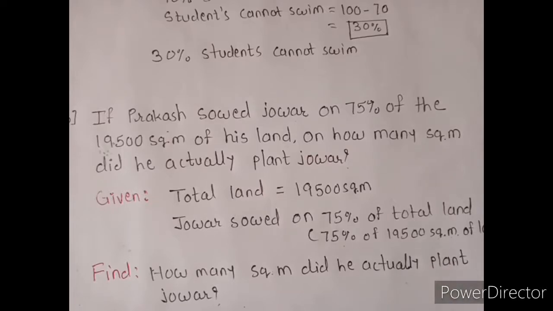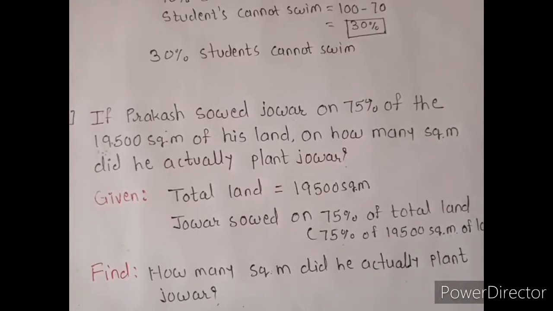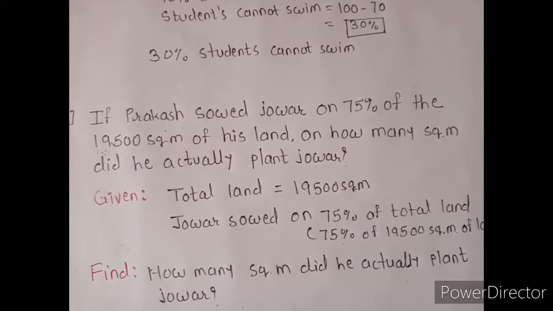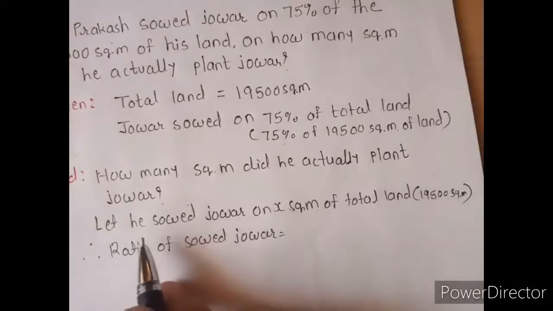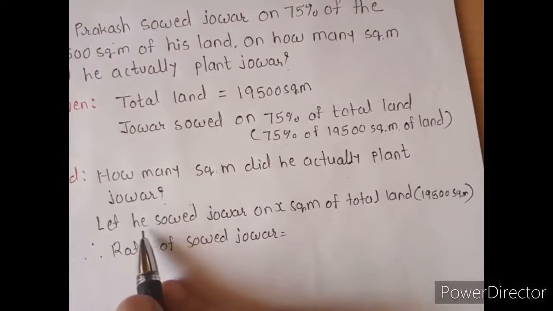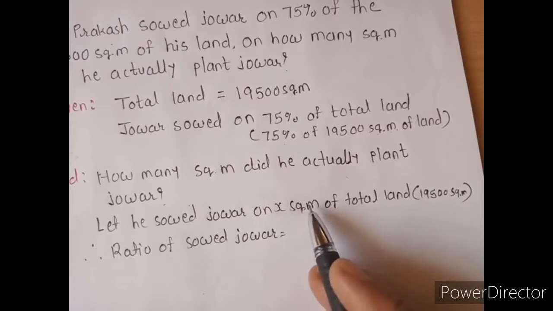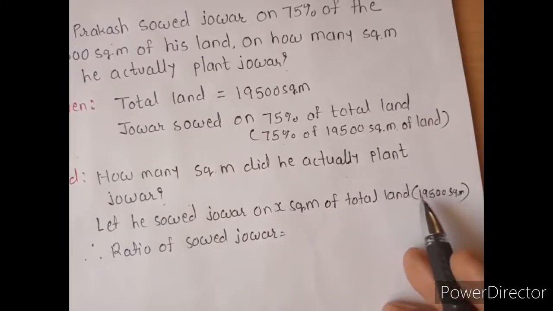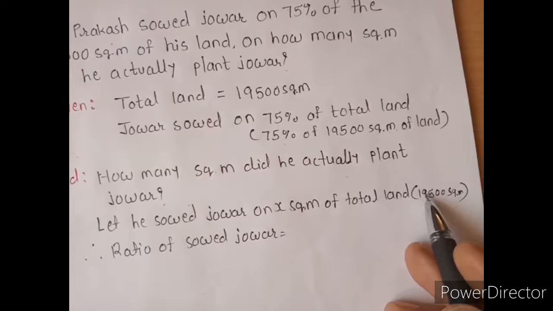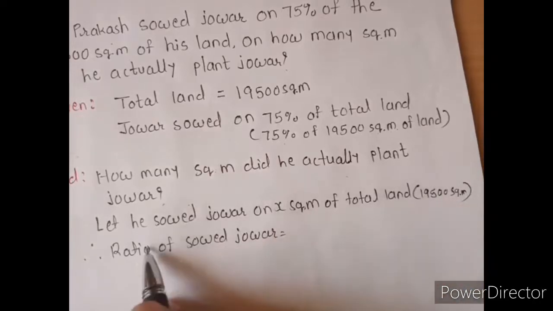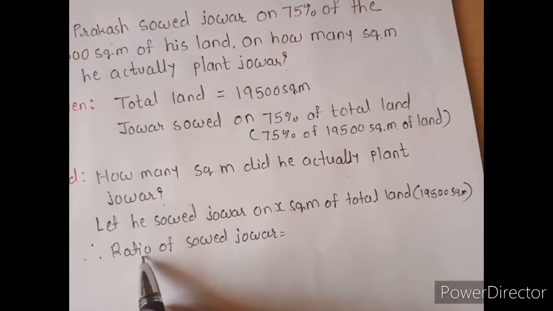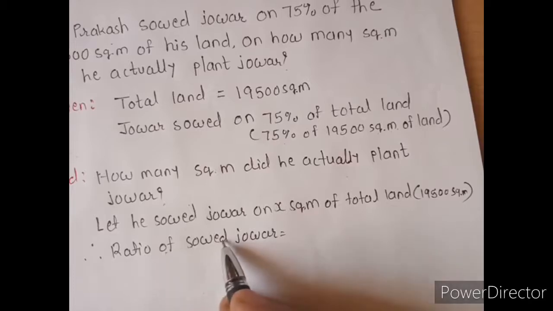So let he sowed jawar on X square meter of total land. So here we have to write down, let he sowed jawar on X square meter of total land, means on 19,500 square meter of land. So first we have to write down the ratio of sowed jawar.